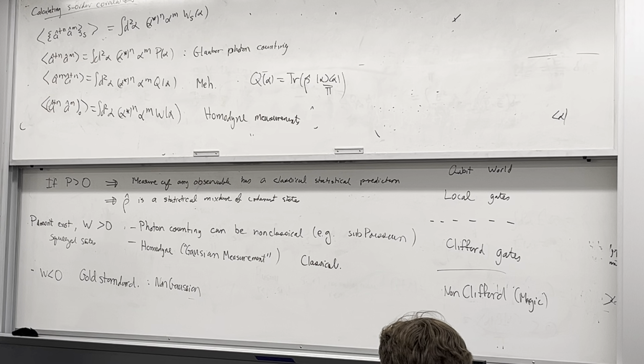The permanent is like the determinant, but with positive signs rather than negative signs. It turns out that calculating the permanent is a very hard thing to do. It turns out that this is not simulable.